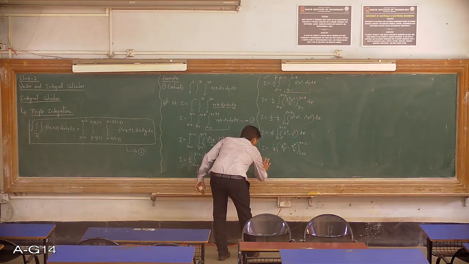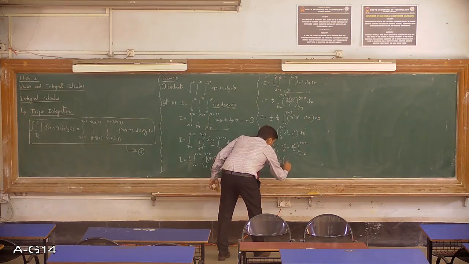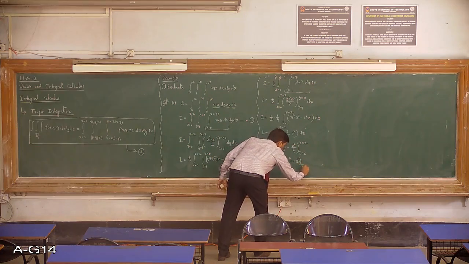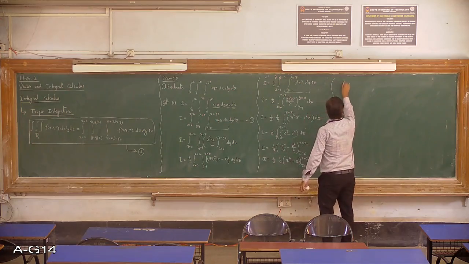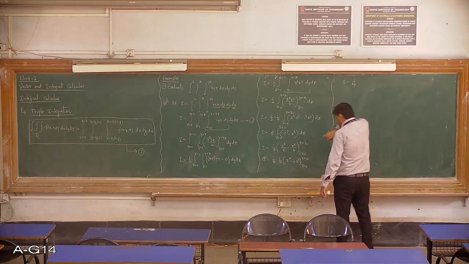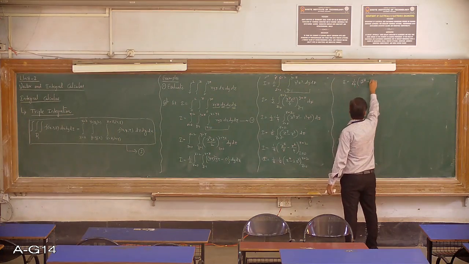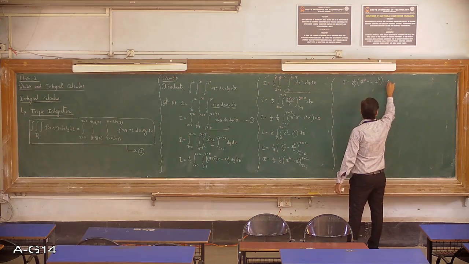So I equals one by 8, and taking the LCM here, one more one by 8 will come, so this is z raised to 8 minus 2 times z raised to 4, from z equals 0 to 2. Now I equals one by 8 into one by 8, one by 64. Put the upper limit, that is 2 raised to 8 minus 2 into 2 raised to 4, and for the lower limit it will be 0.